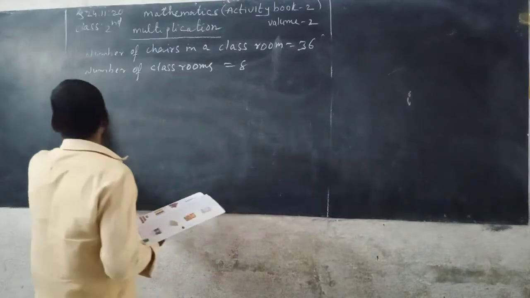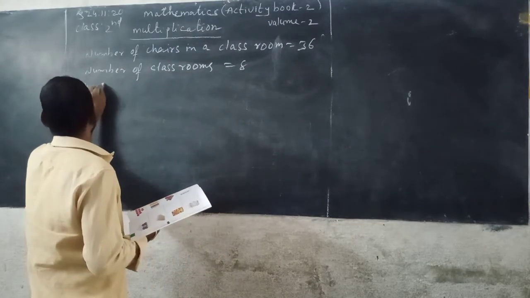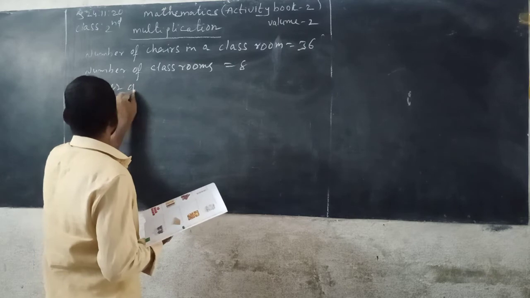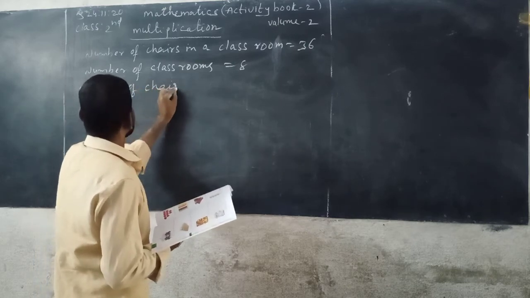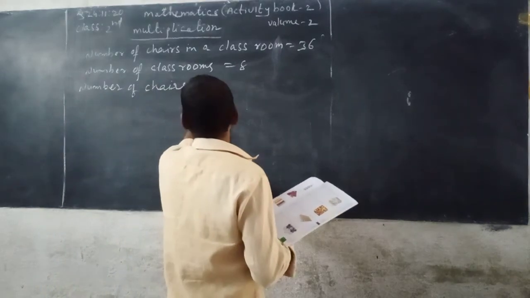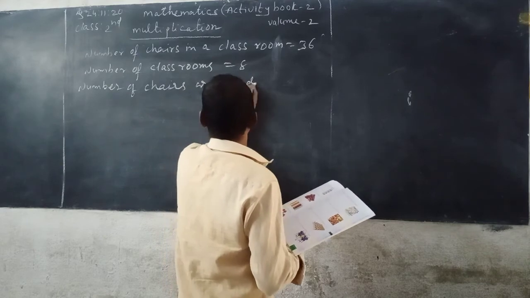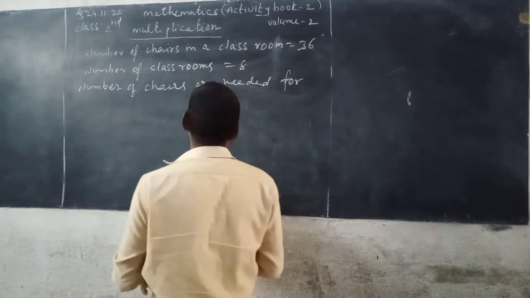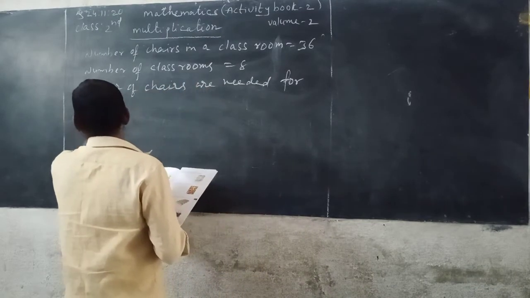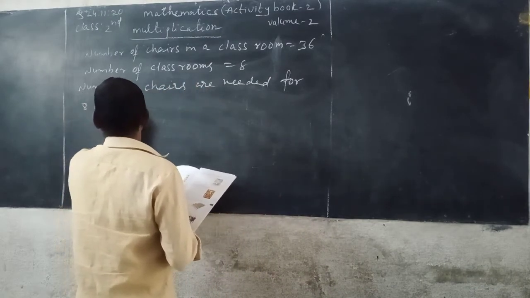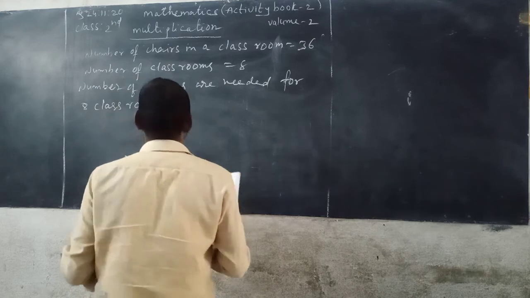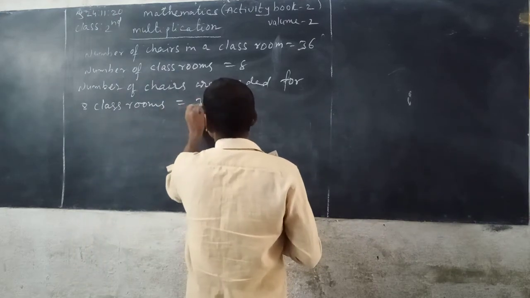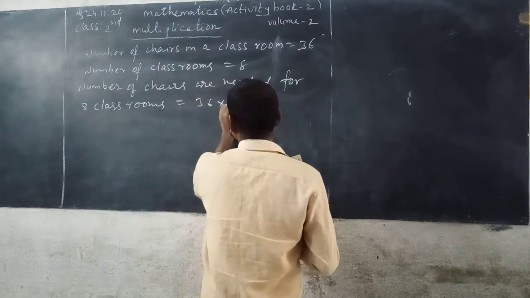Now, number of chairs needed for 8 classrooms is equal to 36 into 8.